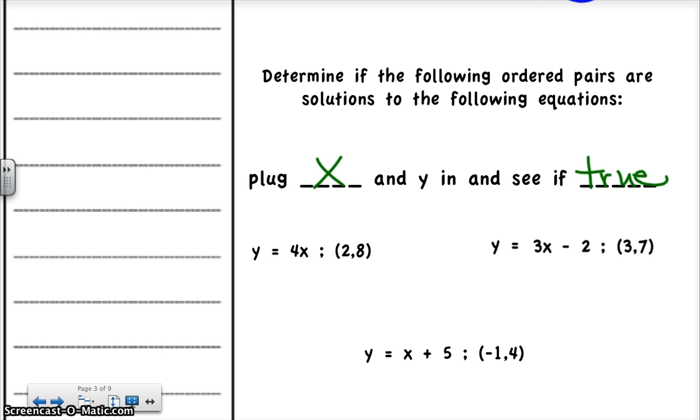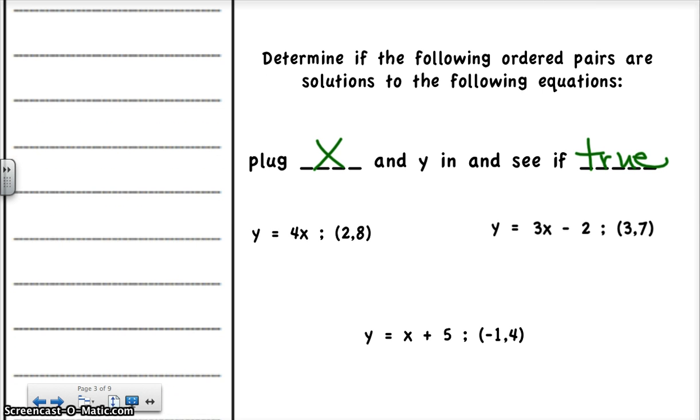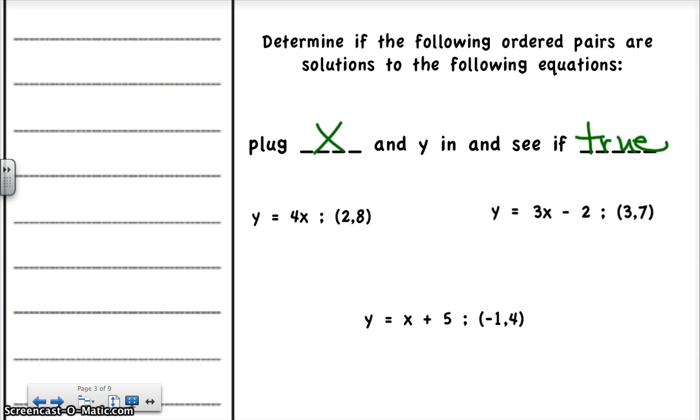One step. That's it. For example, y equals 4x. My strategy when I first started this, I wanted to keep my brain remembering that a point is an x and a y. So I did that right away. Now I look at this and I know that x is my 2, y is my 8.